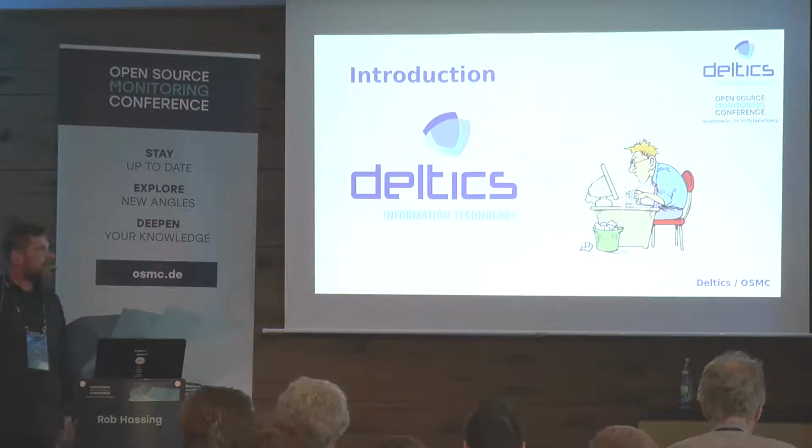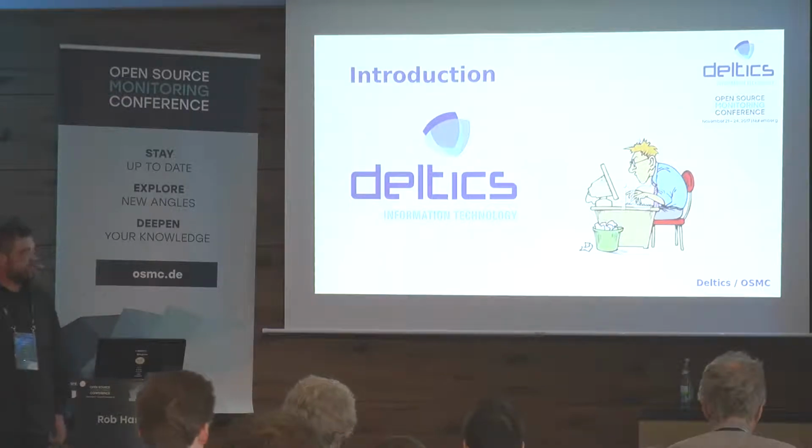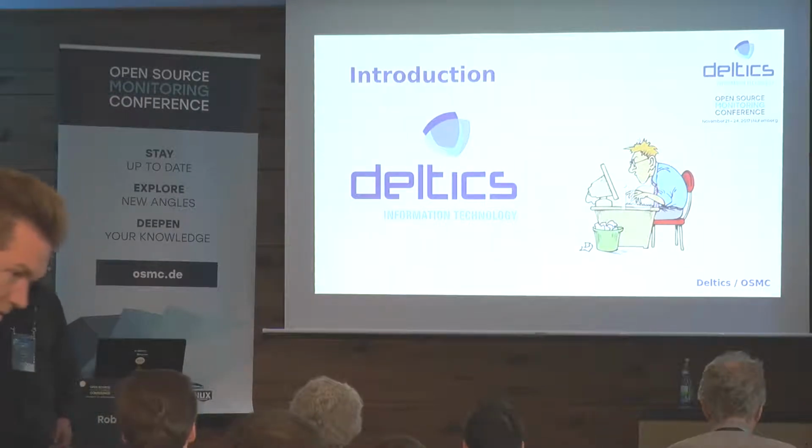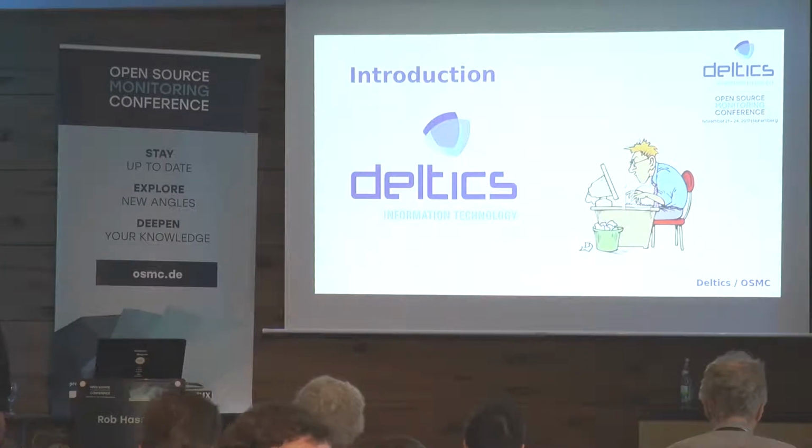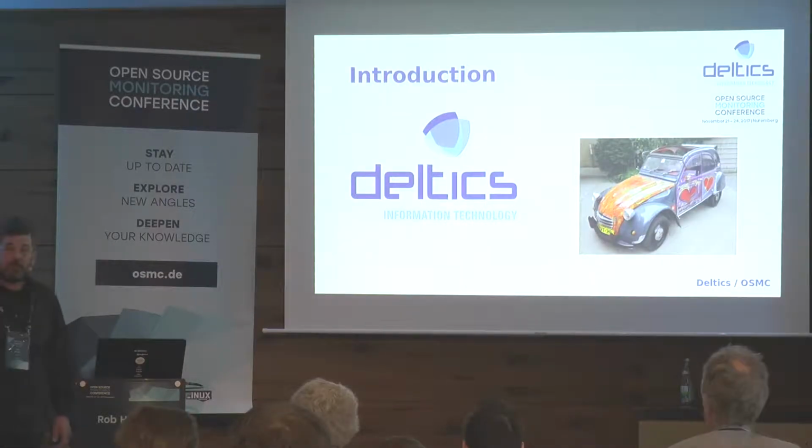I do monitoring and networking over there, mostly wireless, and for monitoring we use Nagios at least 25 of our customers where we maintain the entire environment for them. During the weekends, I like to drive my 2CV and go to meetings and look for a bit more adventure.